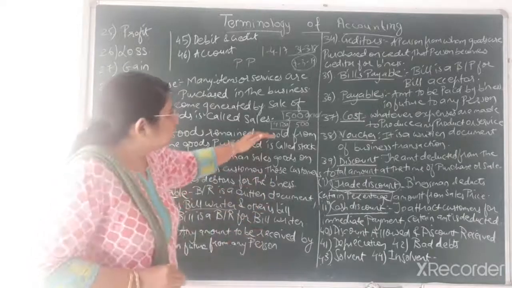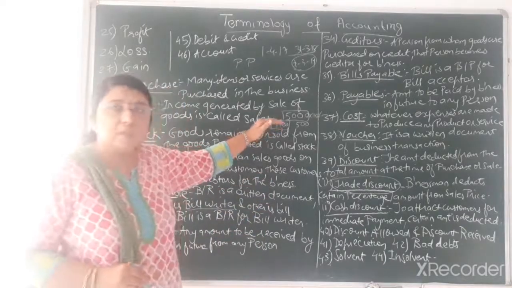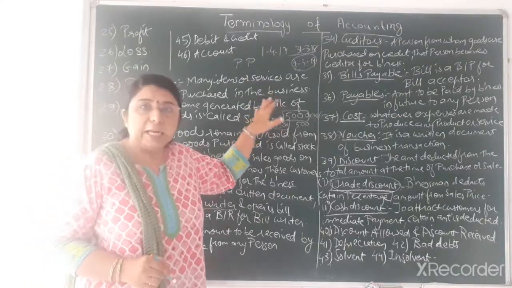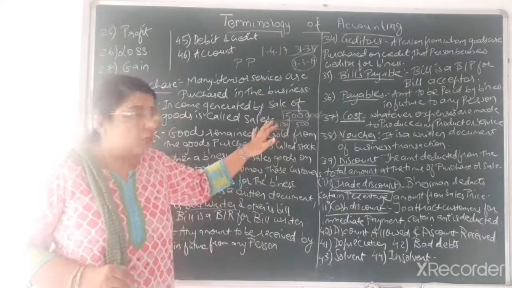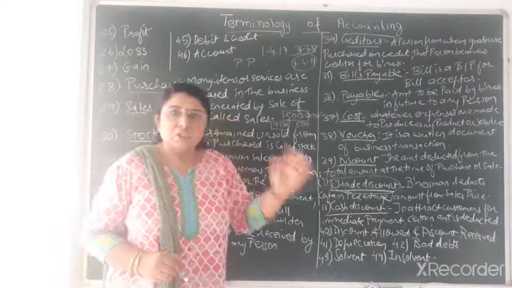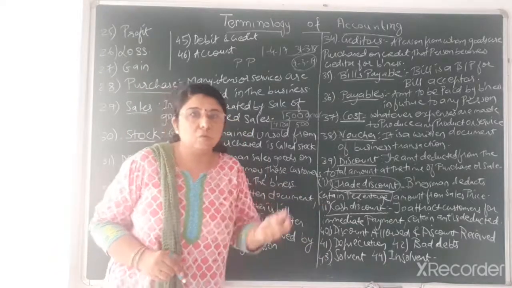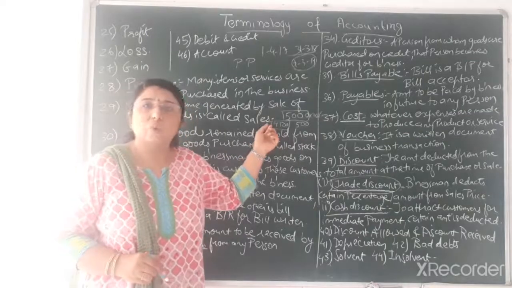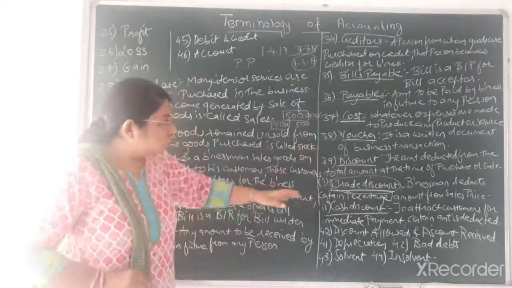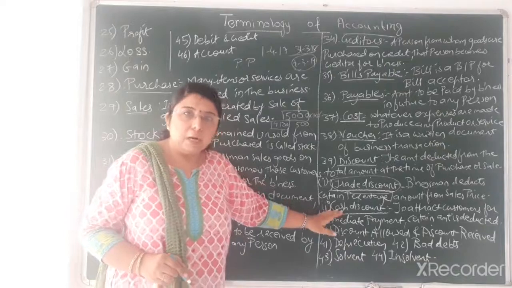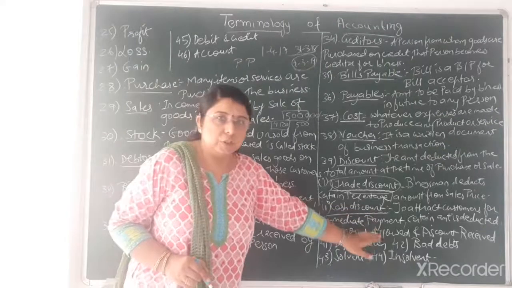The risk factor of the businessman is reduced because he gets timely or immediate payment for his goods, and on the other side, the customer is also benefited because he gets a discount. Instead of paying 5,000, he has to pay only rupees 4,500. So it is beneficial for both parties. This is called cash discount.